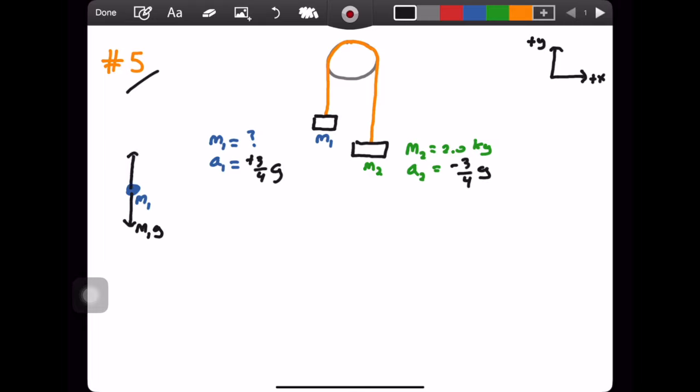There's also going to be what I'm calling T1, and T1 is the tension in that rope pulling upward. There are no horizontal forces acting in this problem. When I sum the forces in the y direction, I get positive T1 because upward is positive y, minus m1g is equal to m1 times the acceleration in the y direction.